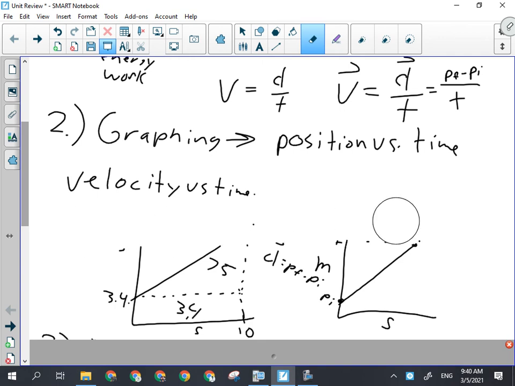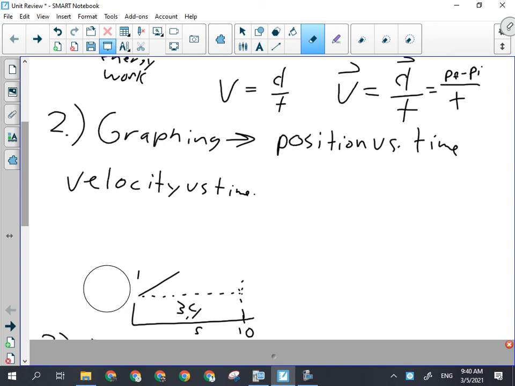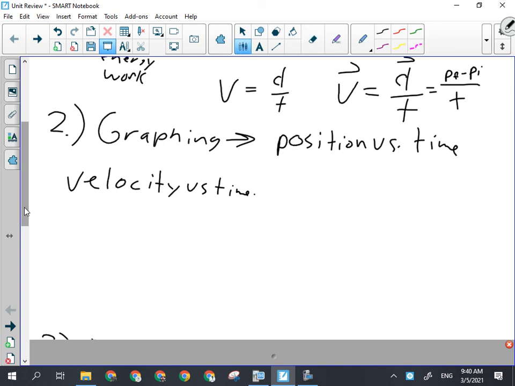The other way that you could be tested on graphing, because we talked about this with both position and velocity versus time graphs, is when you don't have a linear fit. So let's say I've got a position versus time graph here, and the object goes like that. I might ask you, what's the total distance traveled?